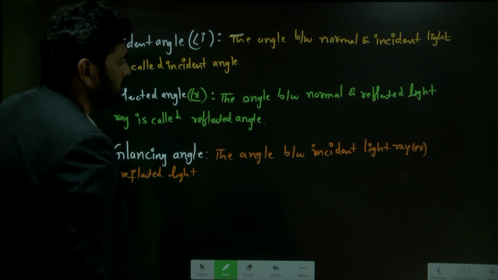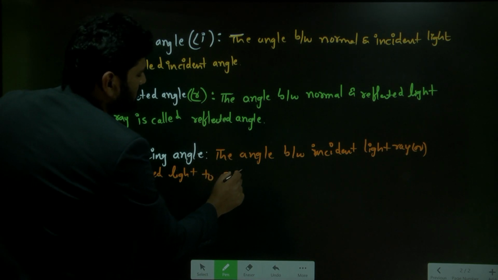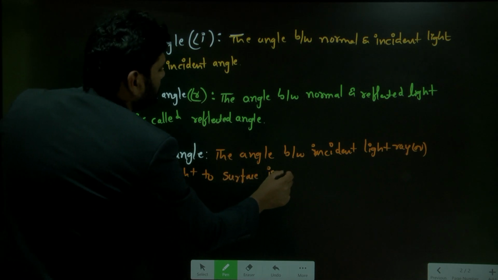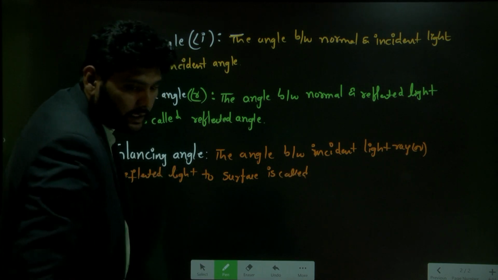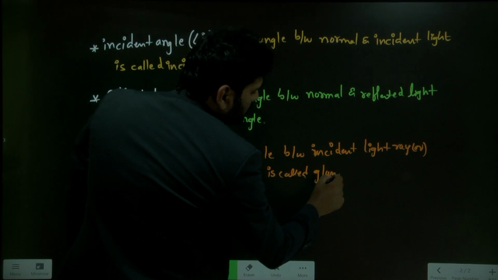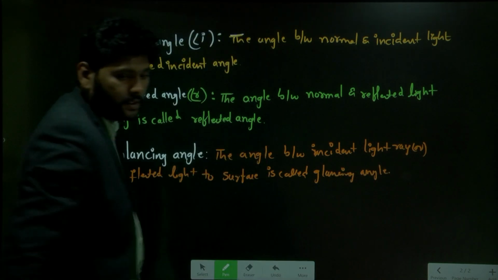The angle between incident light ray or reflected light ray and the surface is called glancing angle. Understand?